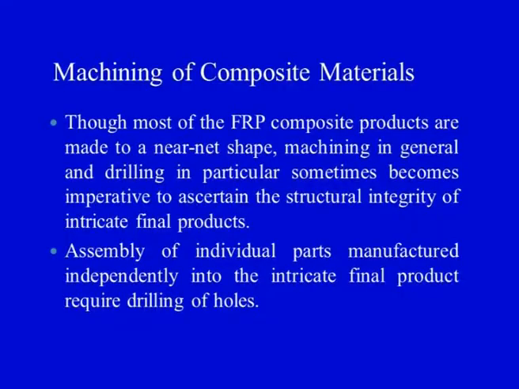So again I am emphasizing the last point, why drilling is required or why machining of composite products is required. Assembly of individual parts manufactured independently into a final complex product requires the drilling of holes.